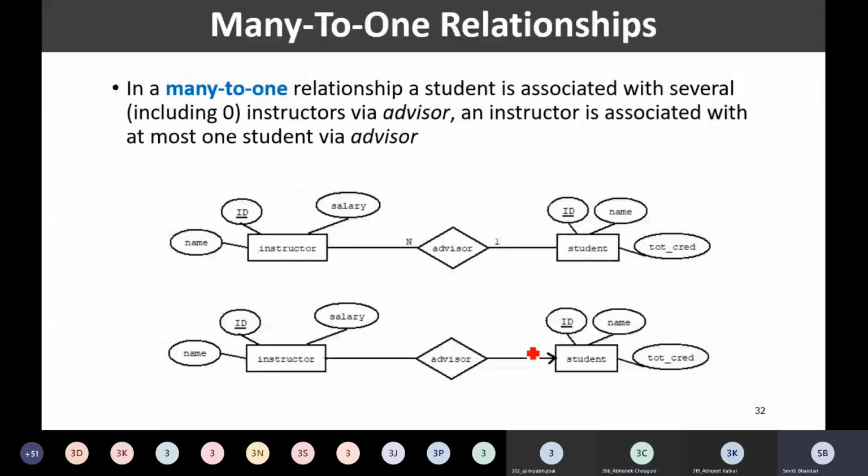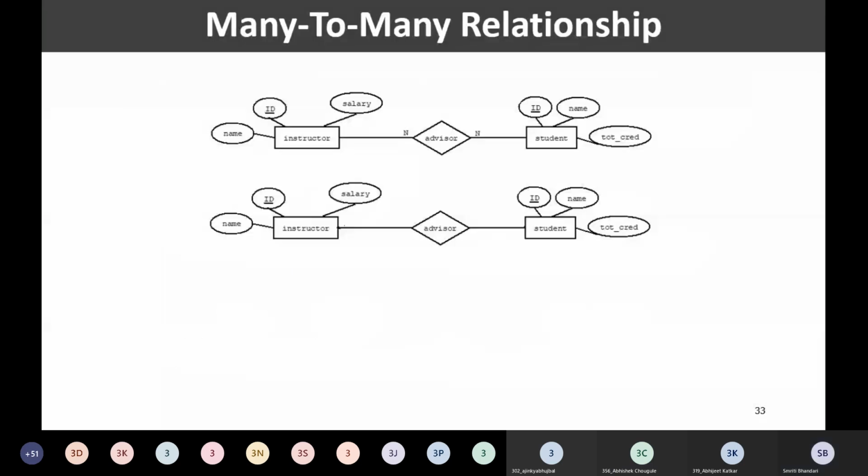And the last cardinality constraint, many to many. How do we depict this many to many? Towards instructor it is many, towards student also it is many. Towards instructor it is an undirected line, towards student also it is an undirected line, or both the numbers denoted here are N, many to many.